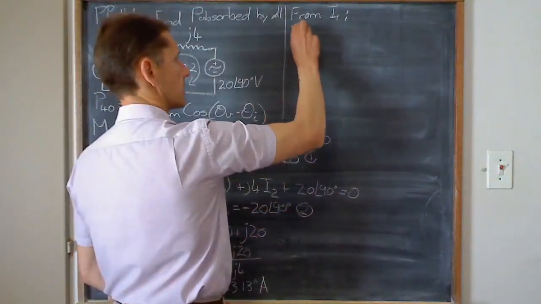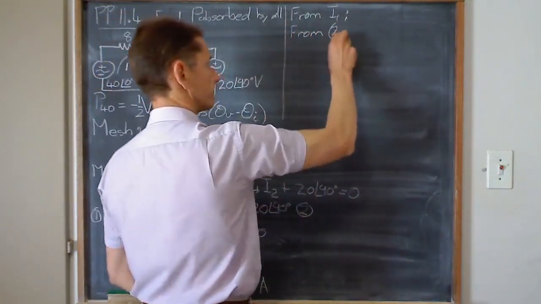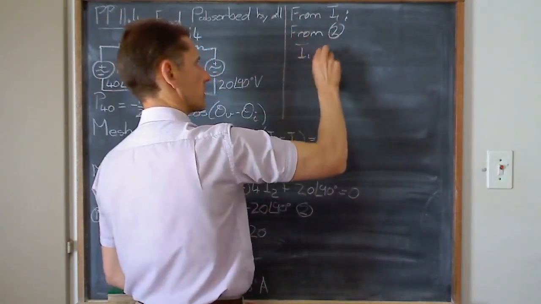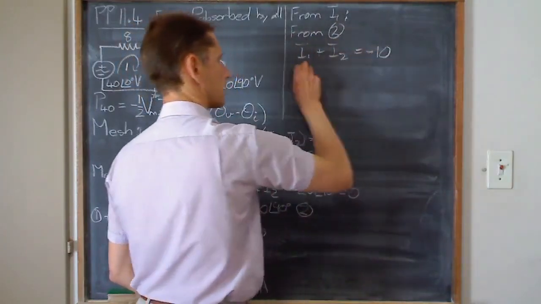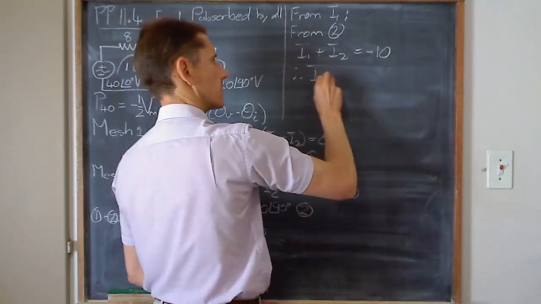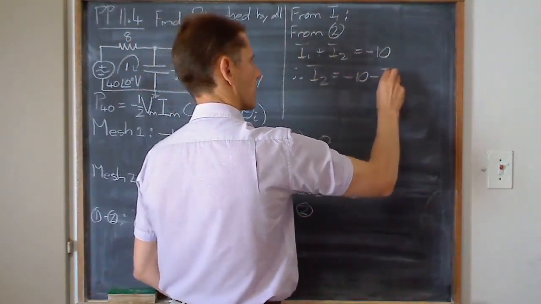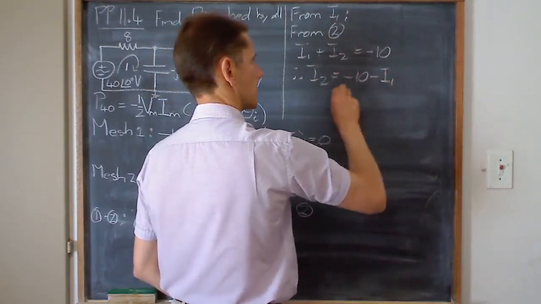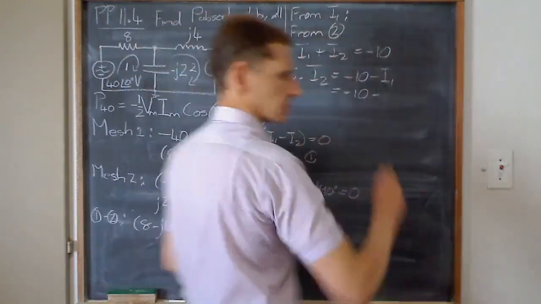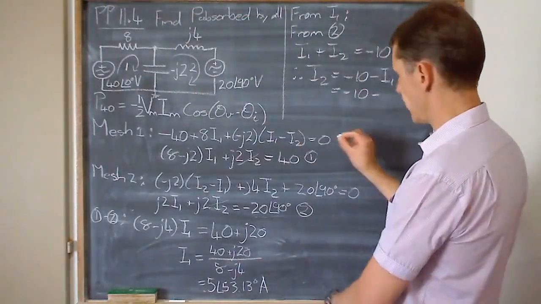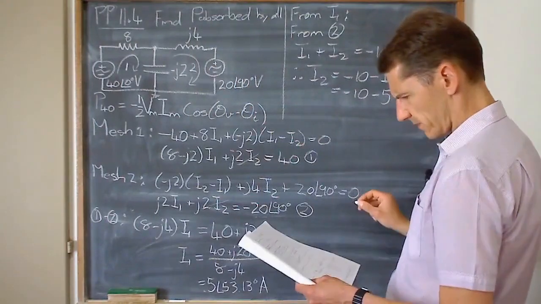So let's say from equation 2, I get I1 plus I2 equals minus 10. And hence, I2 equals minus 10 minus I1, and that equals minus 10 minus that 5, was it just a 5?